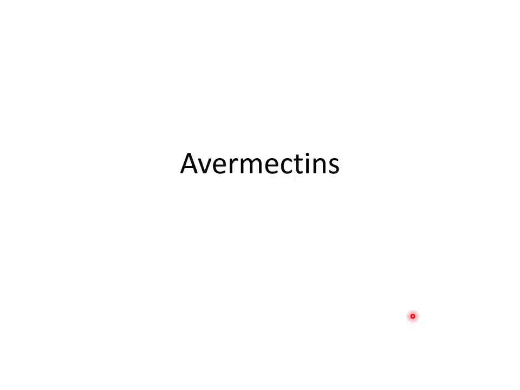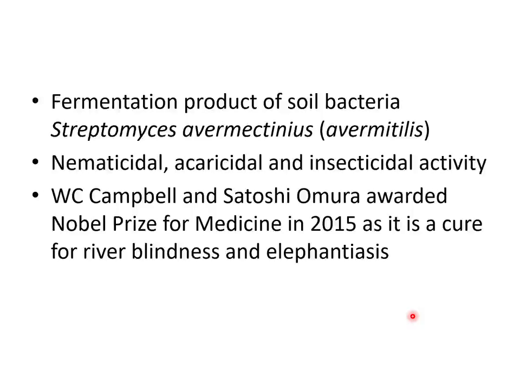If you see the origin of avermectins, it is obtained from the fermentation of soil bacteria. Again, it is a fermentation product of Streptomyces avermectinius. Earlier the species name was avermitilis. If you refer to many of the materials I have given you, it will be written as Streptomyces avermitilis. But in recent literature, they have changed the species name to Streptomyces avermectinius.